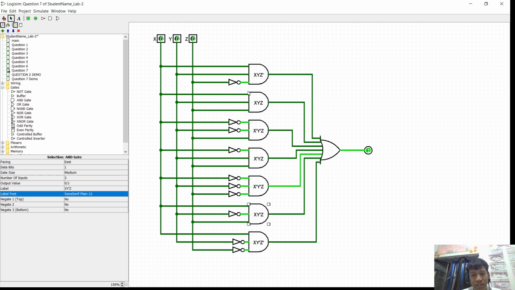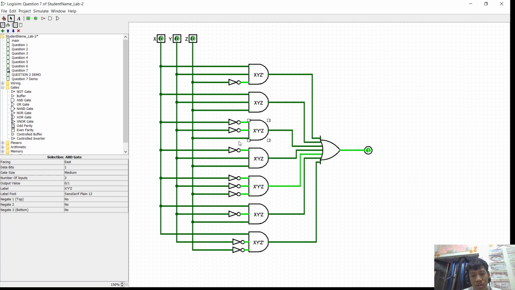For the first AND gate, we have XYZ. We have an inverter here since we have a Z complement. And then for the next AND gate, we only have XYZ. And then for the next gate, which is X complement Y complement Z, we have an inverter from the X input and Y input.